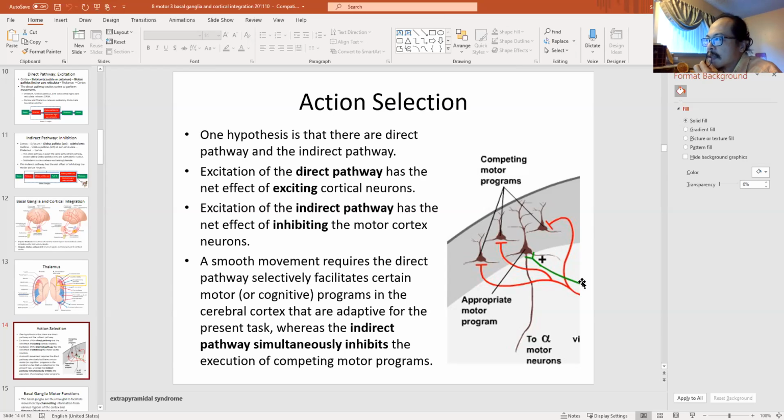So basically we have different thoughts in the brain. These thoughts could be a cue from the sensory, could be thoughts from the frontal cortex. And then it will go through the basal ganglia. And in the end, we will have one direct pathway, and the other will be inhibited.